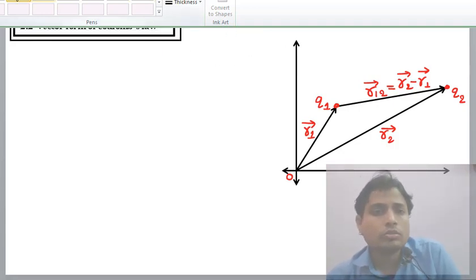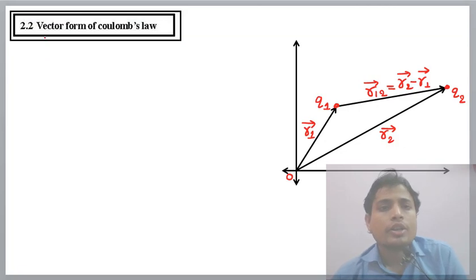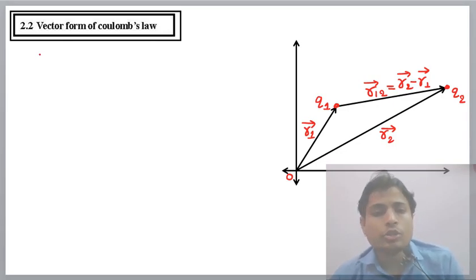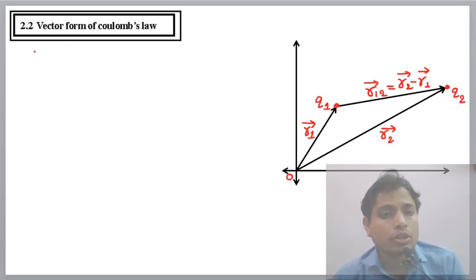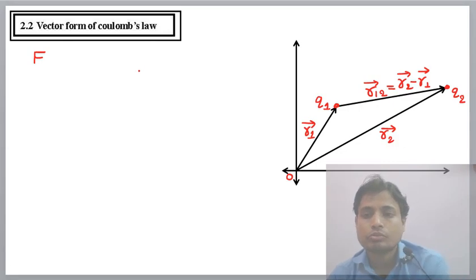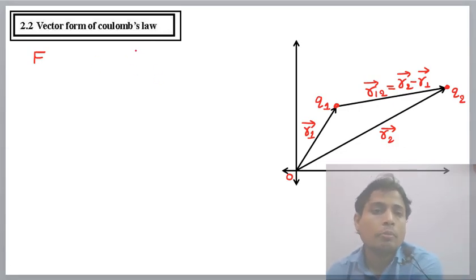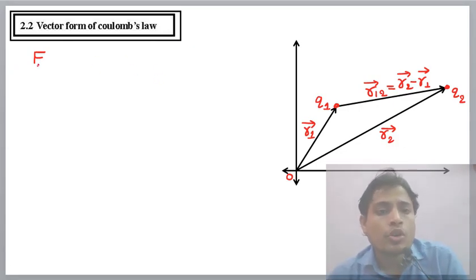Now since we are discussing the vector form of the Coulomb's law, in the vector form it will contain the magnitude and the direction both. So let's write firstly the magnitude, means force on 1 due to 2.